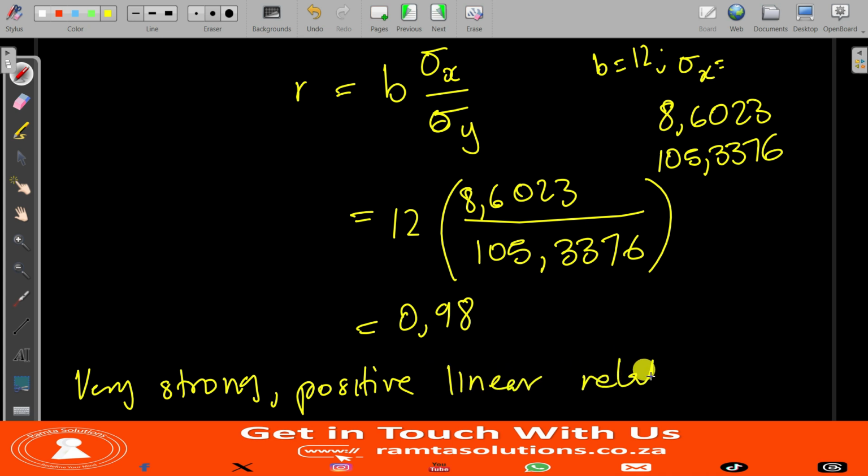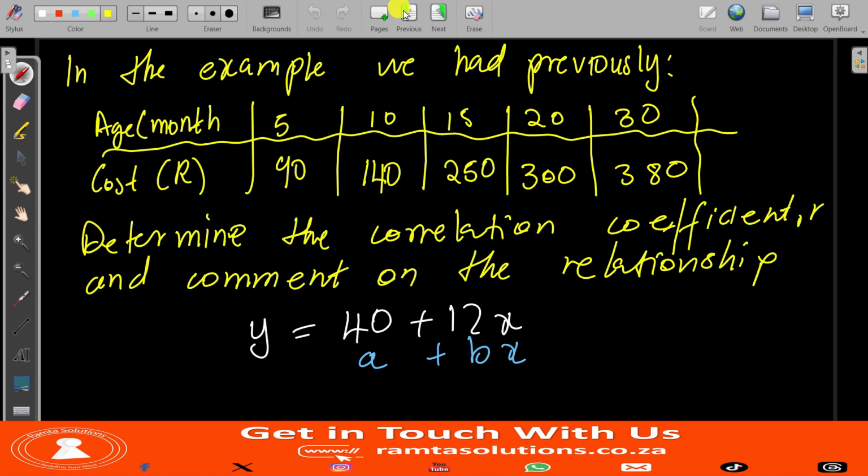Alternatively, you say the age of an appliance and its fixing fee are strongly related.